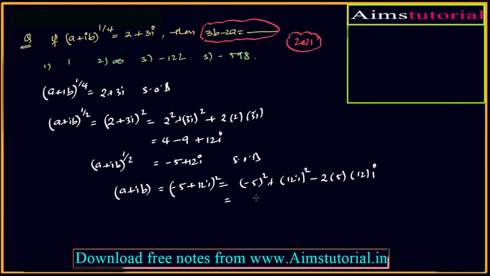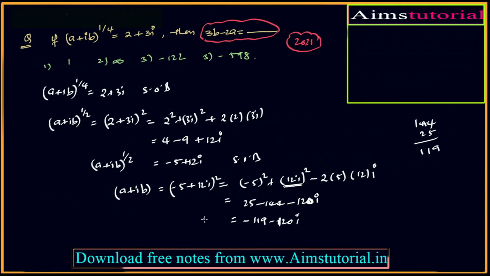So 5 5s are 25, and since i square is minus 1, minus 144, minus 2 5s are 10, 10 12s are 120i. So 25 minus 144, that is 144 minus 25, 14 minus 5 is 9, this is the 1 1, so minus 119 minus 120i.